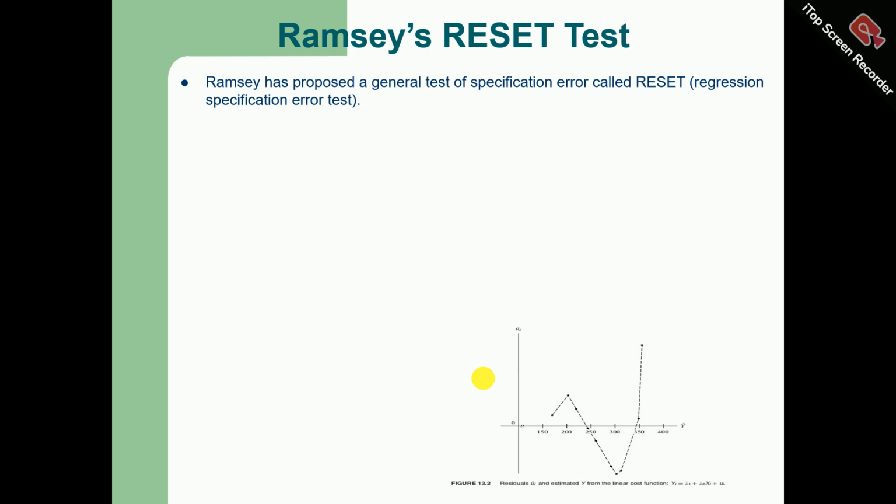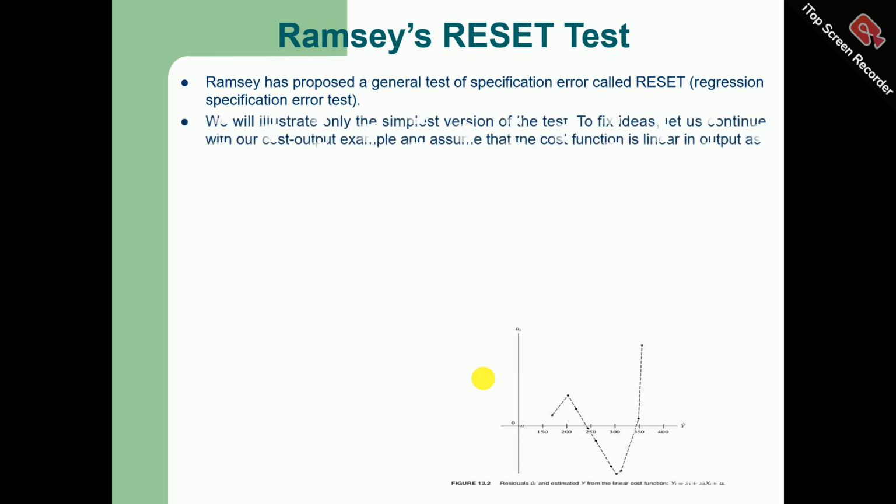We may also use the Ramsey RESET test. Ramsey has proposed this test, which is known as the regression specification error test, abbreviated as RESET. We illustrate this only by the simplest version of the test.